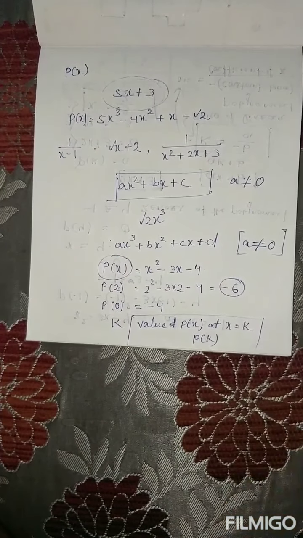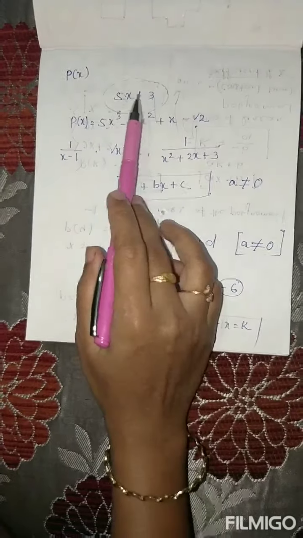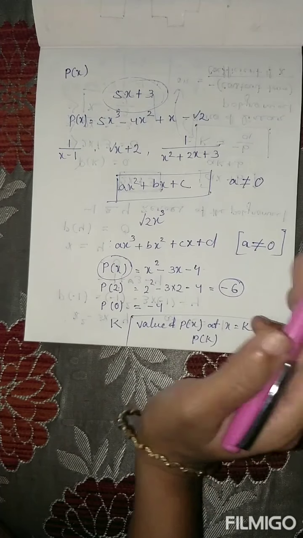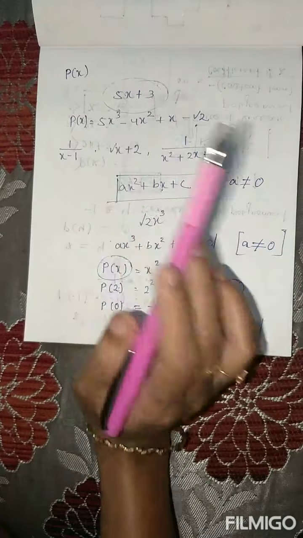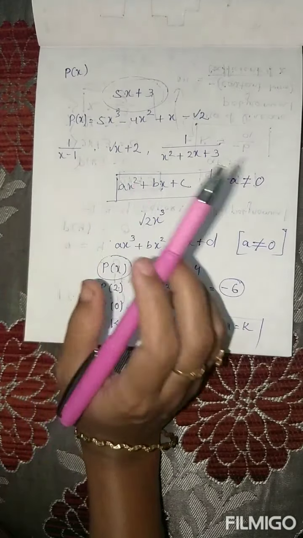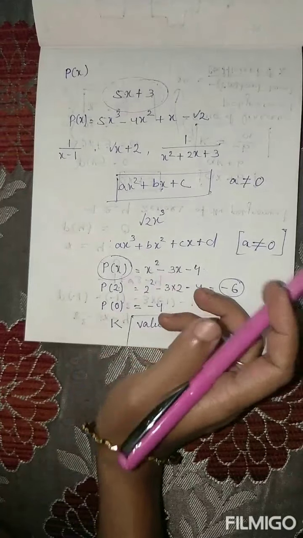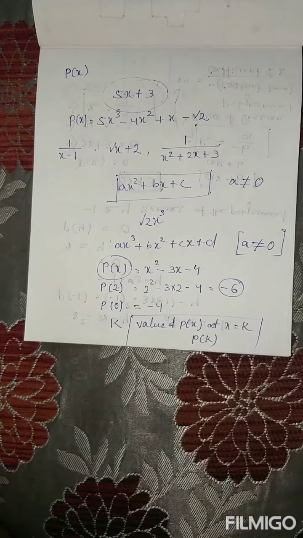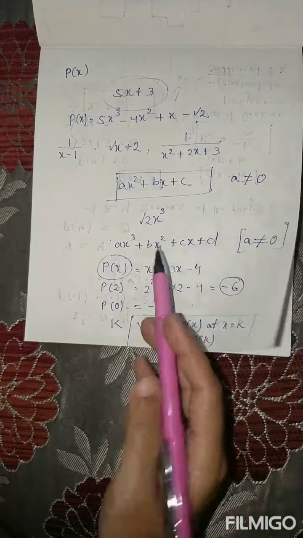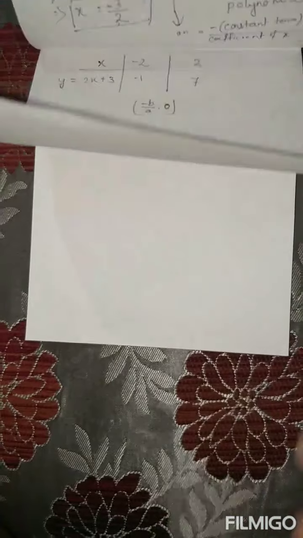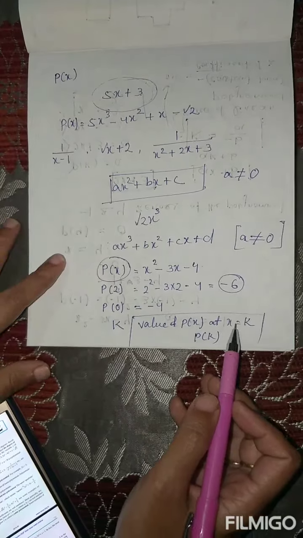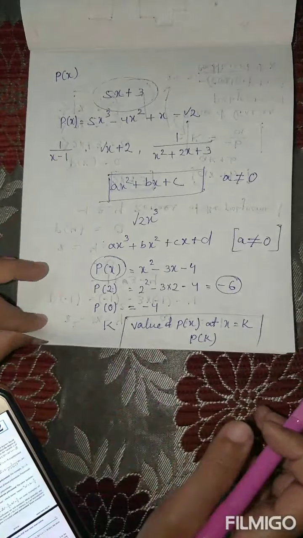In our last class, we studied polynomials: linear, quadratic and cubic polynomials, and the degree of a polynomial, then which expressions are polynomials and which are not, the general expression of a quadratic polynomial, and what is the zero of a polynomial. Clear? I hope you remember all the things. Zero of a polynomial.